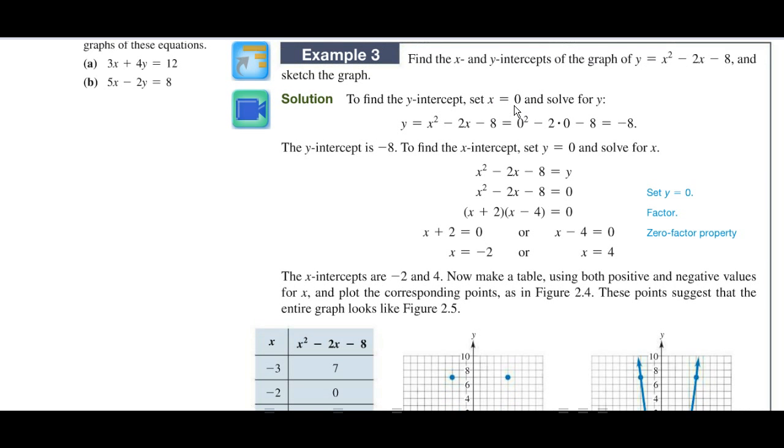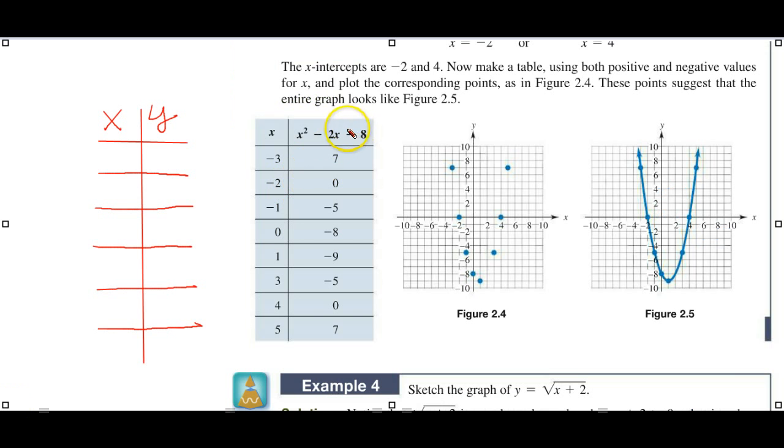Okay. Well, let's look for some strategy to do this. When you are graphing equations that are a parabola, that is to the second degree, you're going to need a number of points because it's not a straight line, but is going to end up as a curve.